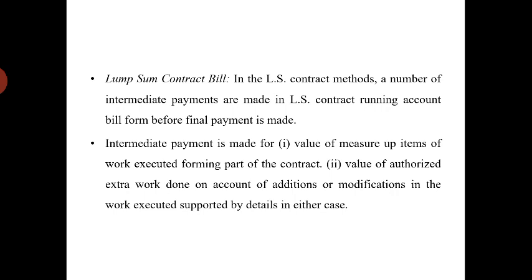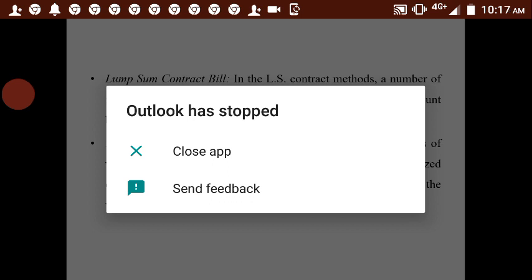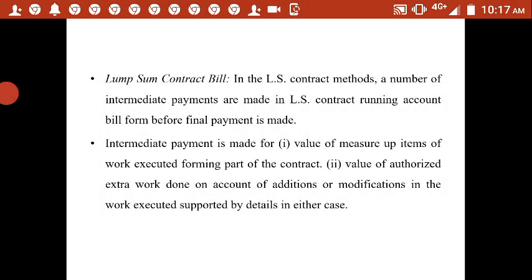But again the approval has to be taken, saying that I am adding again 100 meter cube of earthwork excavation. Then the payment has to be made for the total 200 meter cube of work.